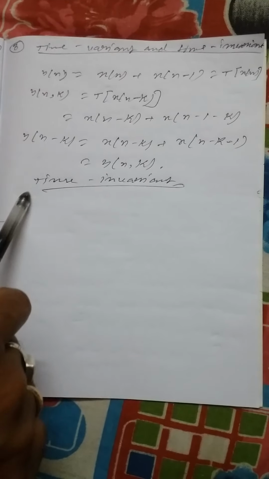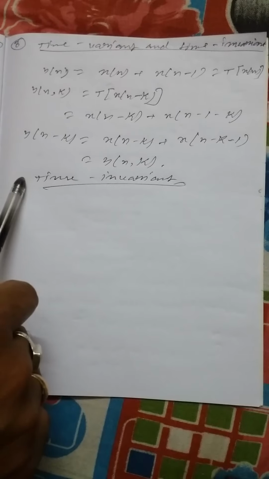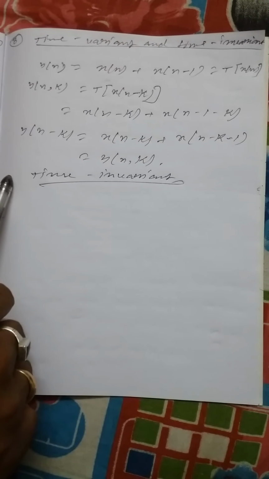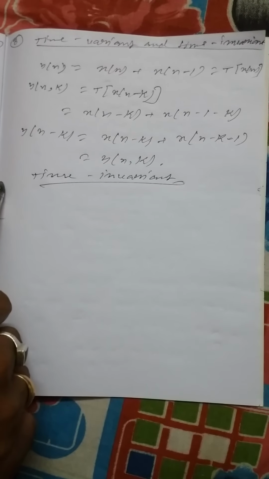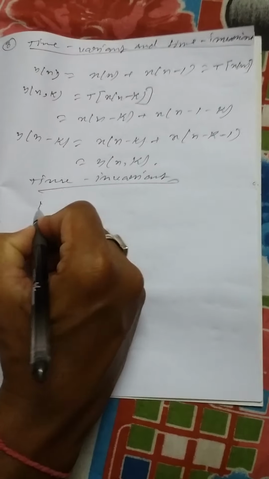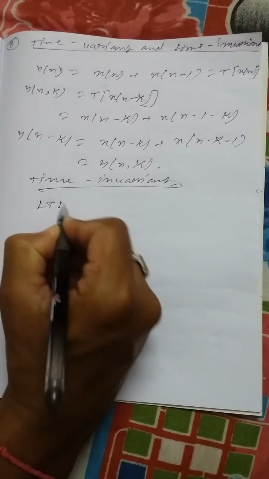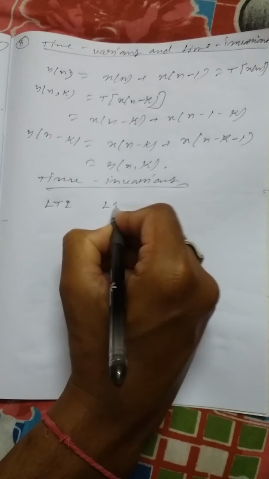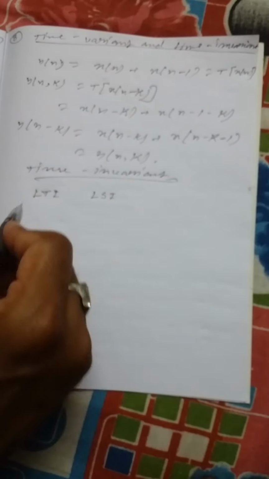Now a system which satisfies the time invariance property as well as the linearity property is said to be a linear time invariant system, or LTI system. LTI can also be called LSI, linear shift invariant, because time invariant and shift invariant are the same thing.